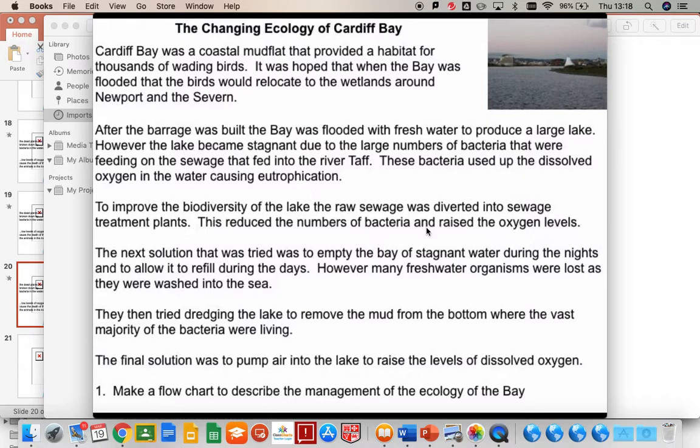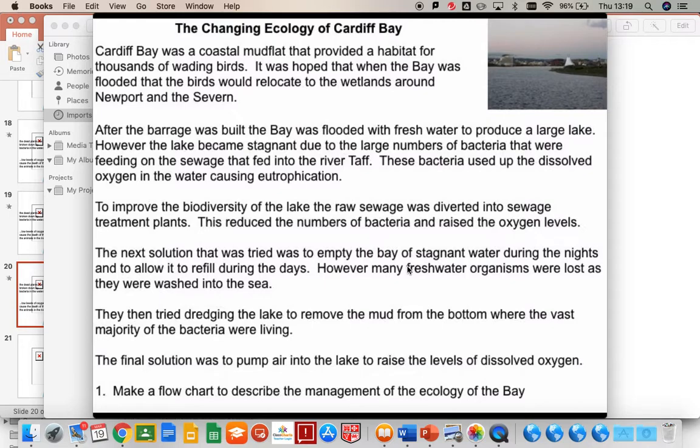So they tried several treatments. First of all, they diverted and started treating the sewage, thankfully. They then did a rather crazy thing, which was, when nobody was looking and the tides were right, they would just empty the water in the bay out to sea by opening up the barrage. But of course any life that was adapted to living in fresh water would have been killed in the seawater.